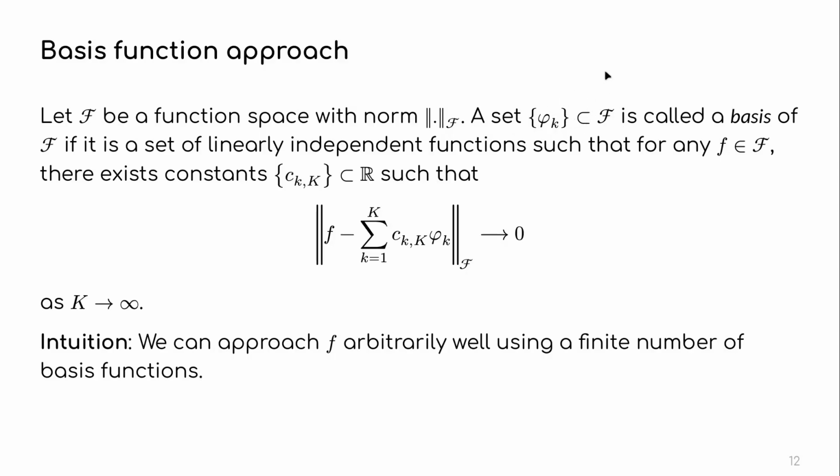So if I have a function space with a norm and I have a set phi k, a subset of F, it's going to be called the basis of F if it is linearly independent, so I cannot express any one of these phi k using the other ones using linear combinations, such that for any other function in my space, I can find constants c_k, and maybe we only want up to big K functions, so maybe they depend on big K too, such that if I take f minus this linear combination of my basis functions, as I increase the number of basis functions that I use, it goes to 0.